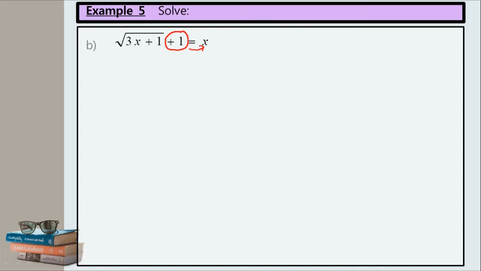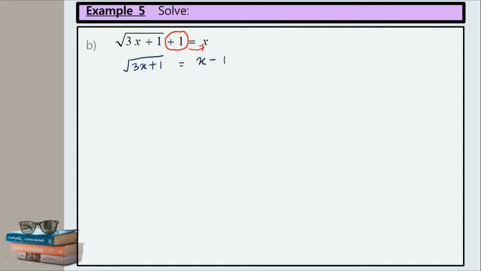Okay, transfer, pindahkan tambah 1 tu ke belah kanan. Jalan kerja kita akan jadi lagi simple. Okay, now we have surd 3x plus 1. Plus 1, kita transfer ke belah sana, dia akan dapat x minus 1.